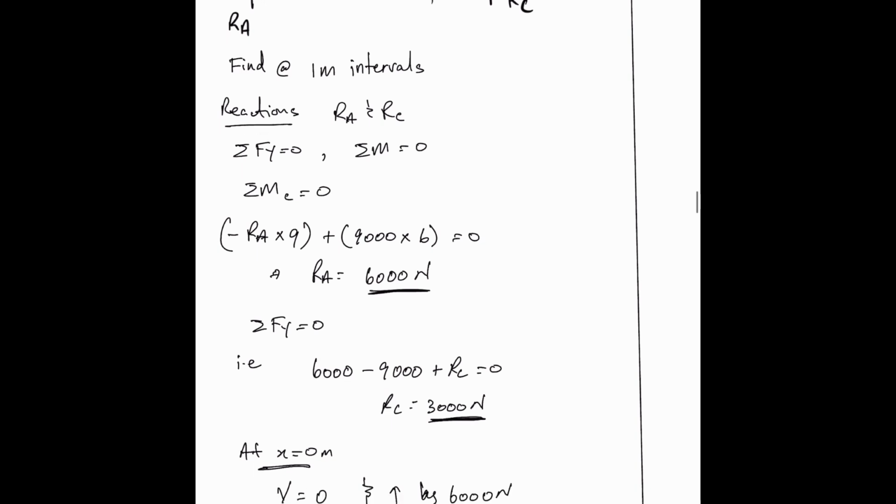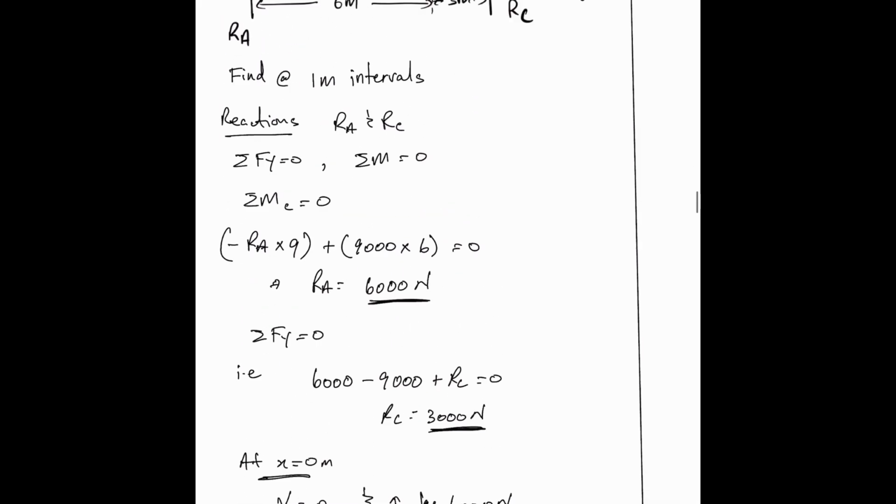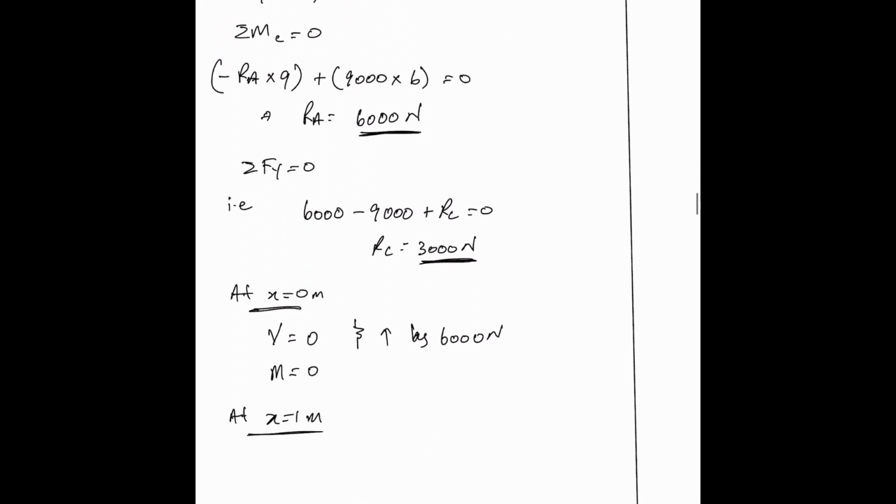Bending moment again is 0 at x equal to 1 meter. What we could do, we could draw. We don't need to draw every time, but just for simplification's sake, we have RA here is 6,000. This is the shear force, bending moment.